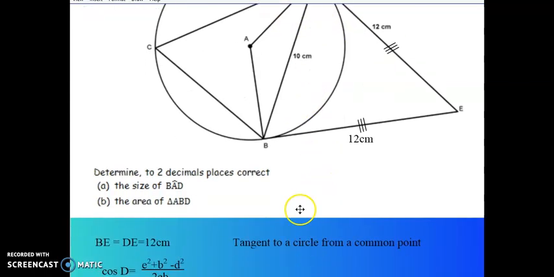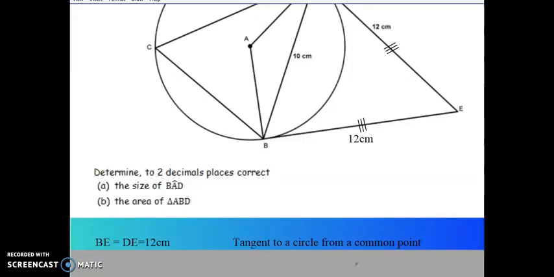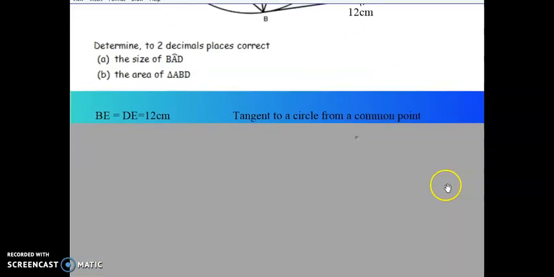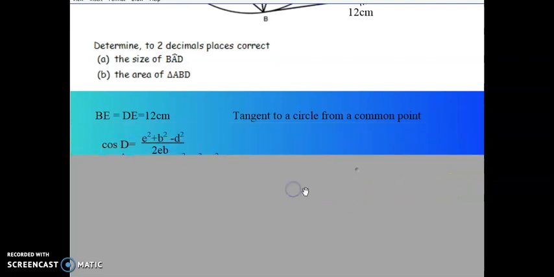So step 1, I write down that BE is equal to DE is equal to 12 centimeters. My next step would then be to use the cos rule, E squared plus B squared minus 2EB cos D is equal to D squared.